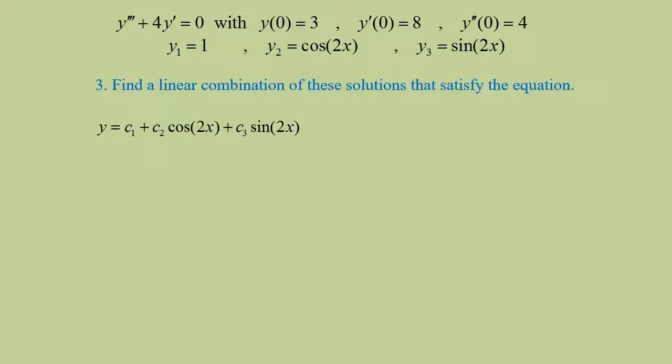Here is what we do. We want to begin with the condition y(0) equals 3, substitute those values, simplify, and we'll take that equation later and solve it for c1, c2, and c3.